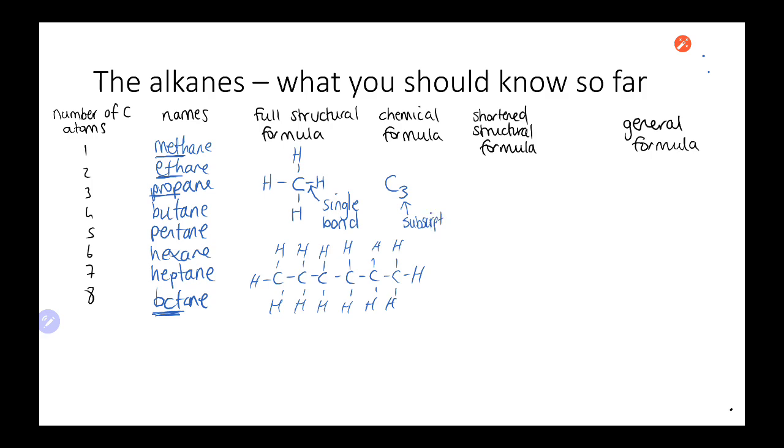Just remember that that just means that it's on a lower line than your element is, a slightly smaller number. And again, if it helps, just draw it out. But we'll get to the general formula in a minute, which will actually allow you to work out what the chemical formula is. So C3H8 is your chemical formula for your propane molecule.